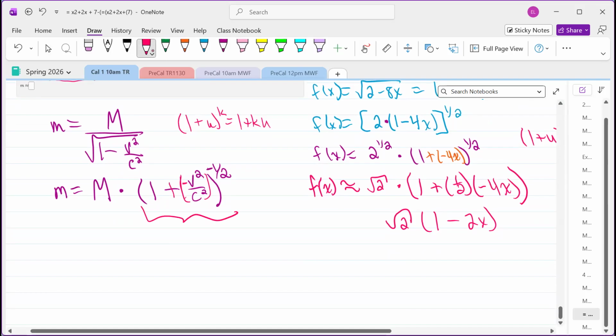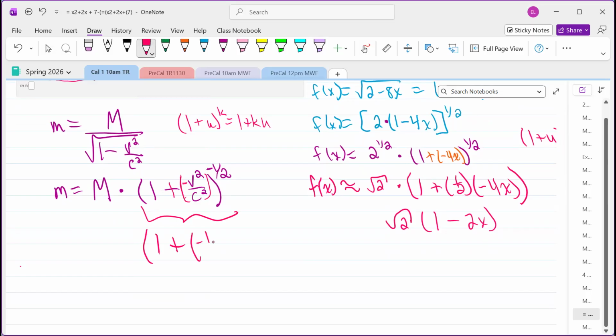So I can trade out this part for 1 plus negative 1/2 times negative v squared over c squared with the big M in front.